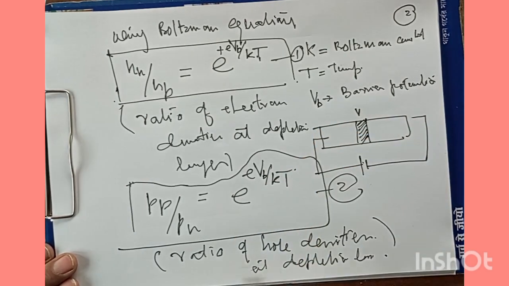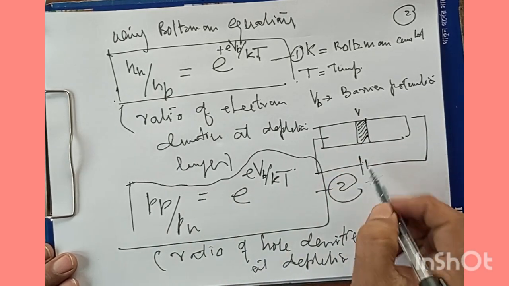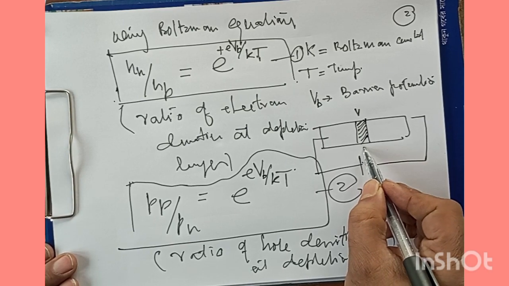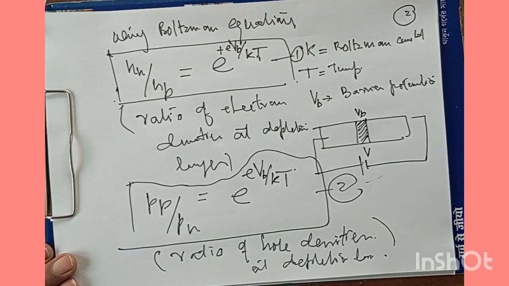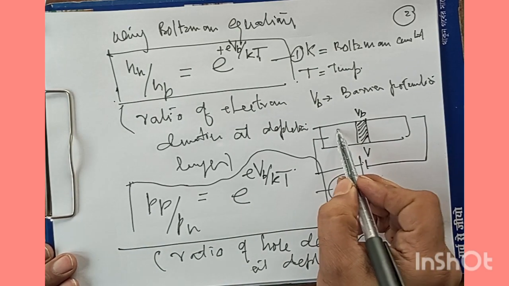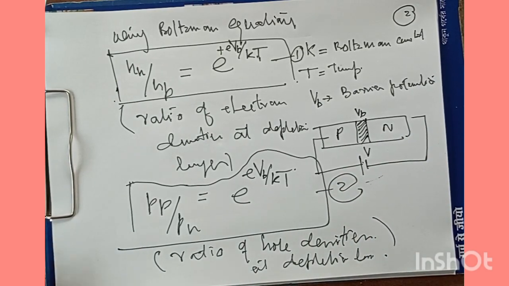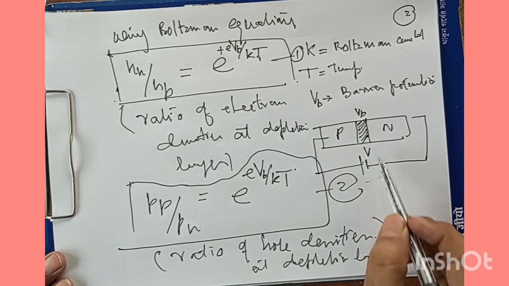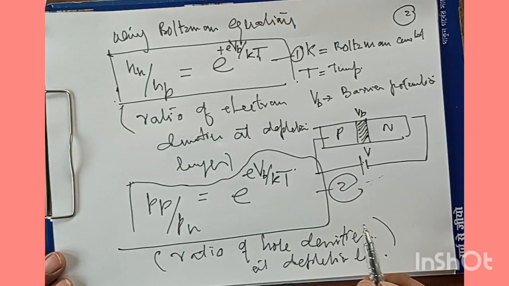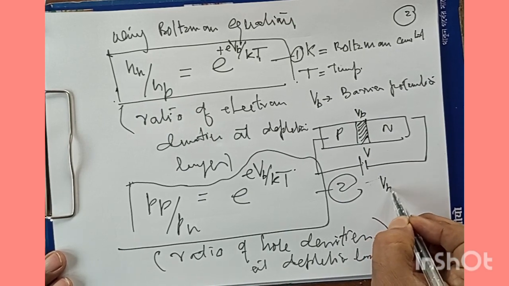When I forward bias this p-n junction, I'm applying a voltage equal to V. So this here is VB, and we are forward biasing this p-n junction. There certainly will be modifications: in case of forward biasing, the resultant voltage that we will have at the barrier, at the depletion layer, will be VB minus V.